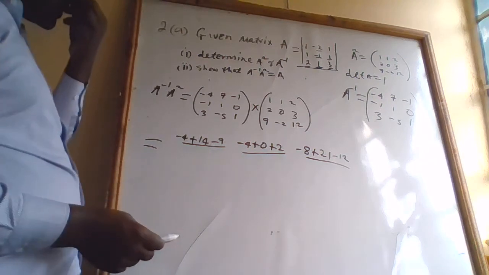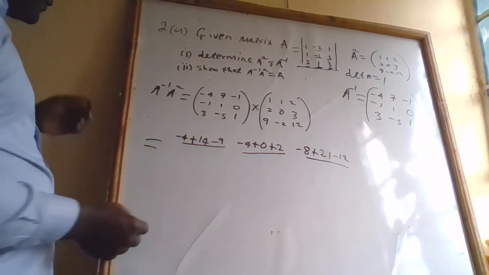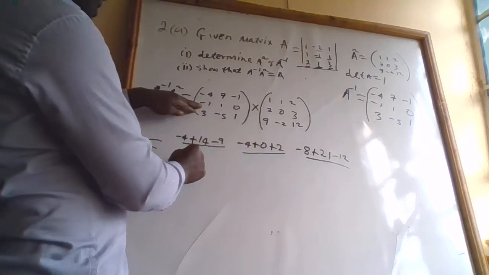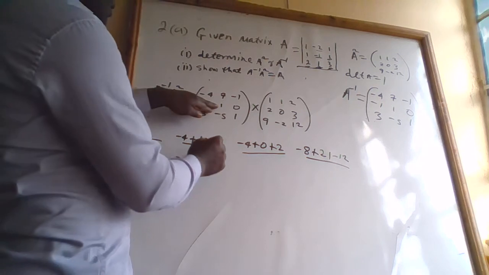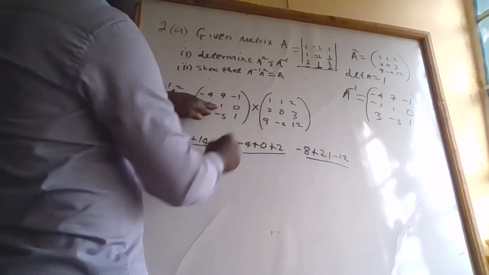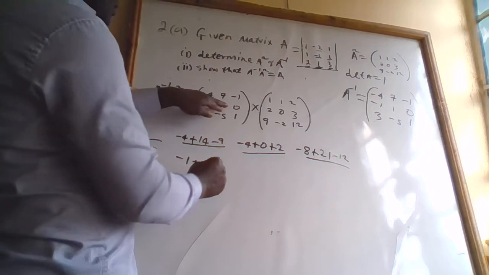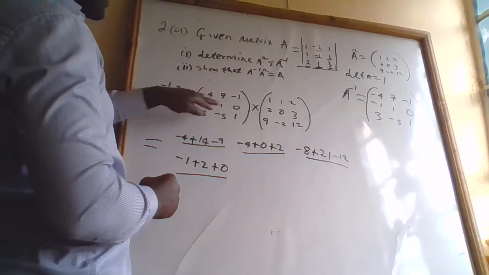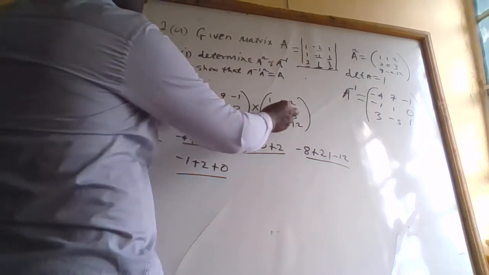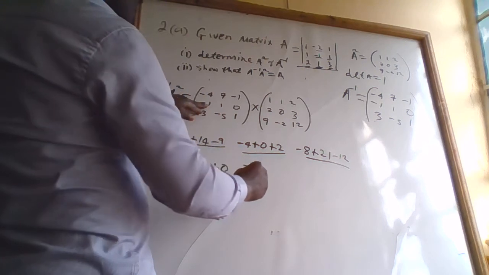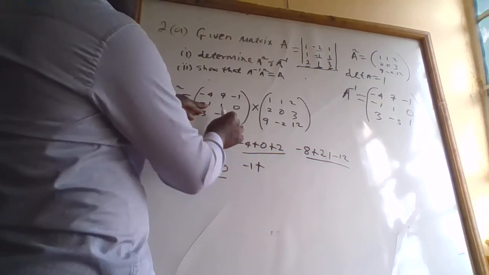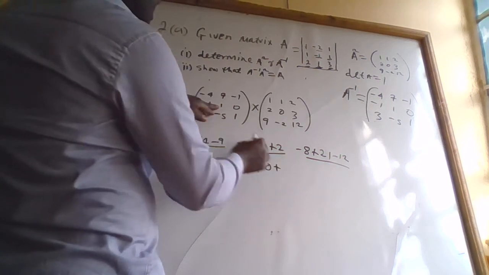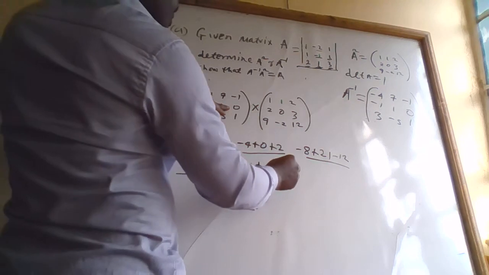We are through the first row. Negative 1 times 1, we have negative 1, then plus 1 times 2, 2, then plus 0 times 9, 0. Negative 1 times 1, we have negative 1, then plus 1 times 0, 0, then plus 0 times negative 2, we have 0.